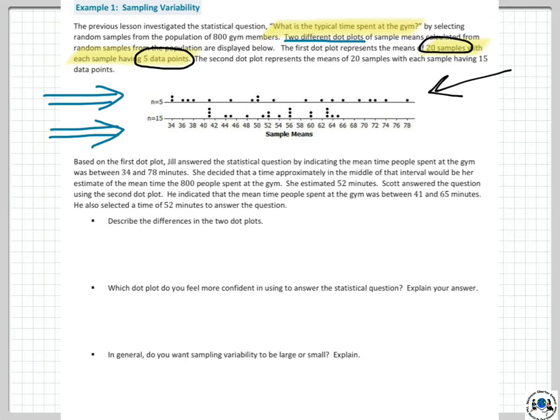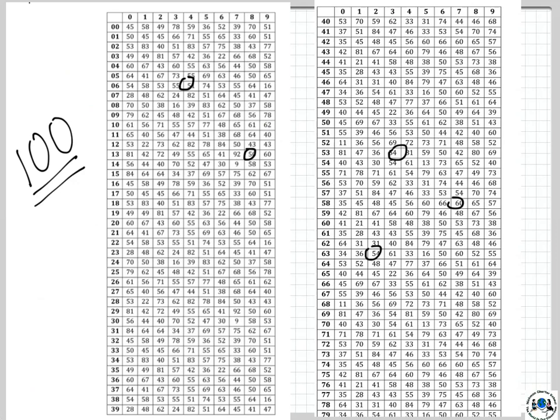Now those were the means. So right here, there are still 20 dots. What happened is that for every sample like this, I added up all of these and found my mean. Let's say that's 52 minutes, whatever the mean of that one was.